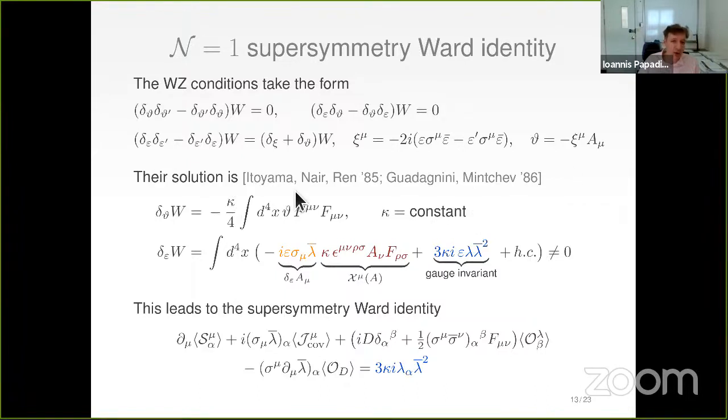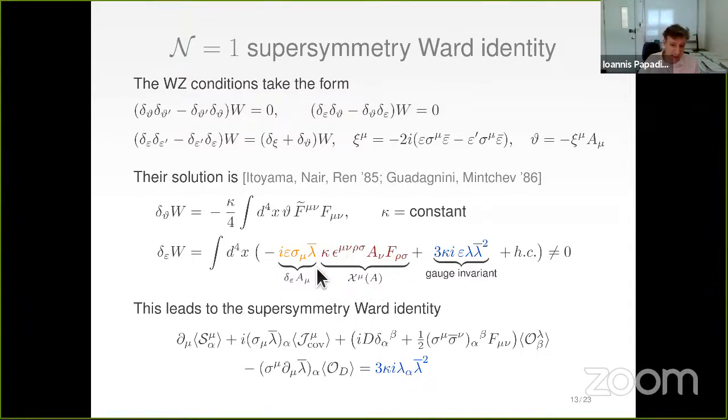A long time ago, Itoyama, Nair-Ren, and Guadagnini and Mitchev found the general solution of these Wess-Zumino conditions for this particular case. The gauge variation takes the standard anomaly expression, but there is also a contribution from the supersymmetry variation that takes the standard form that we just saw.